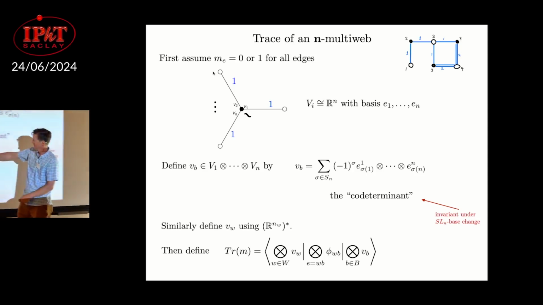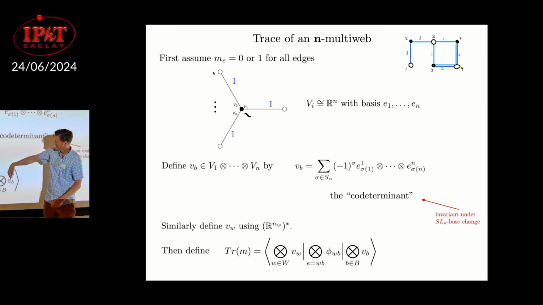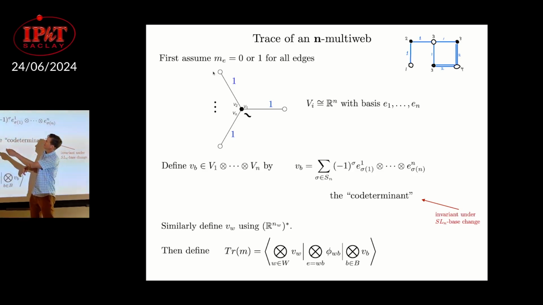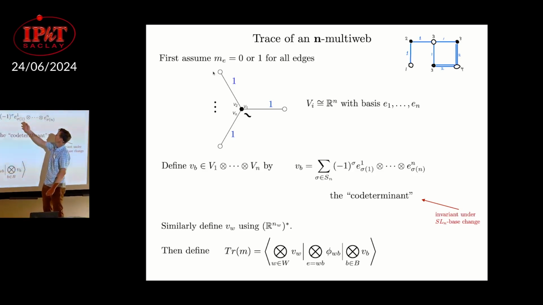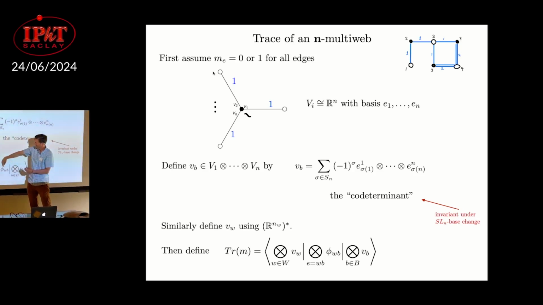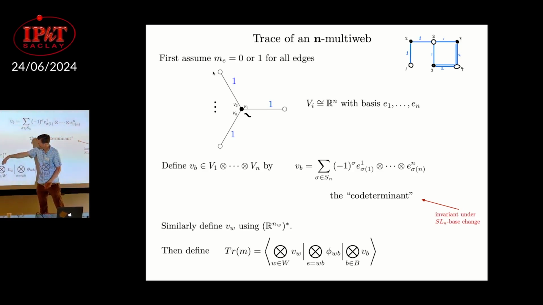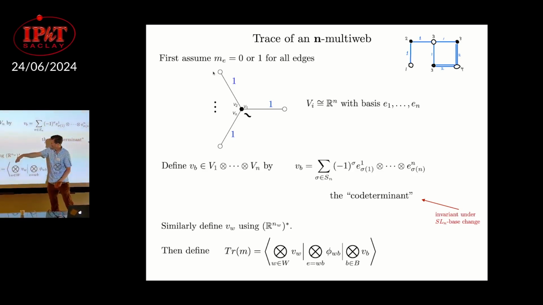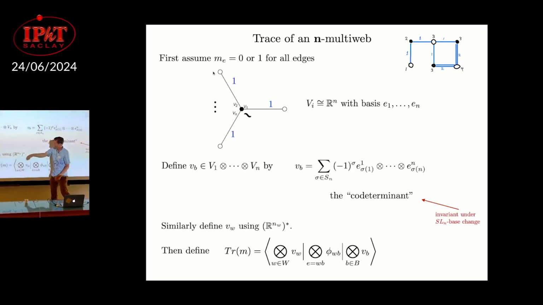I take all the codeterminants at the black vertices and tensor them together. Then each edge corresponds to one of the tensor components in this big tensor product. I can apply the map, the connection along that edge, to map it over into the white vector space, and then contract with the dual vector over here.